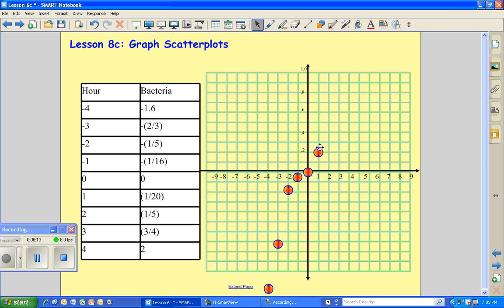Sorry, I need to move that down. 1/20th is down here. 2, 1/5, which is 0.2. 3 is 3/4, and 4 is 2, which is going to be off the charts here.